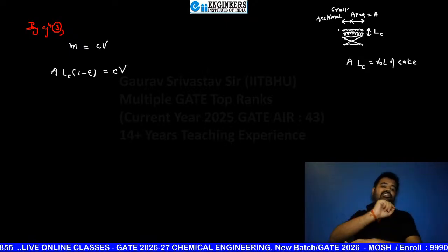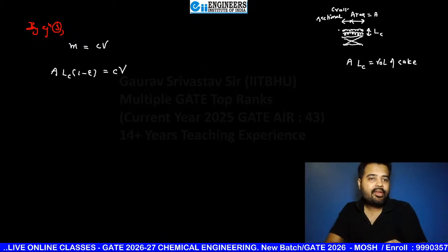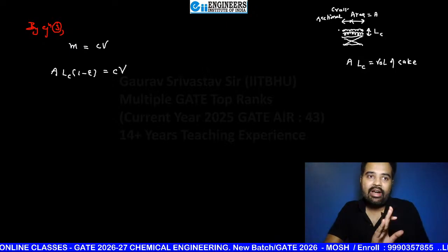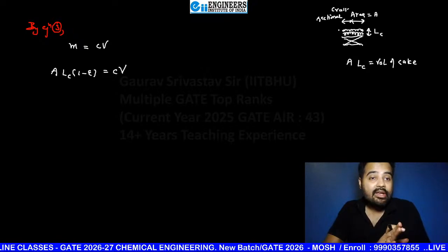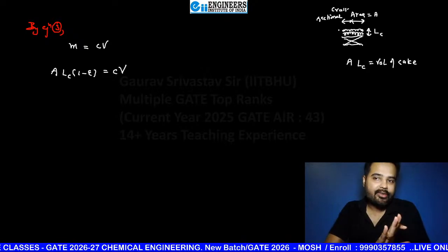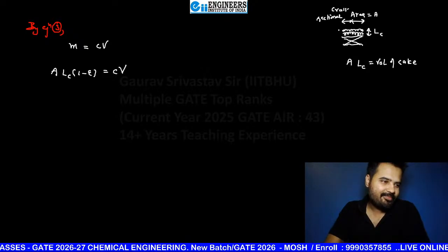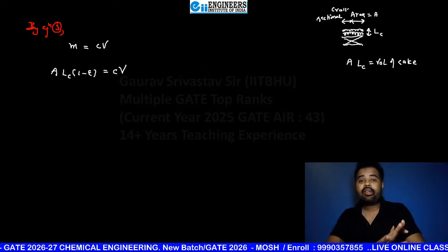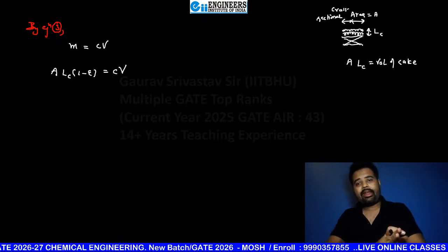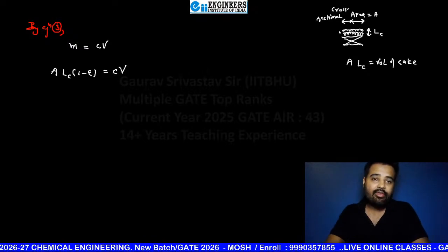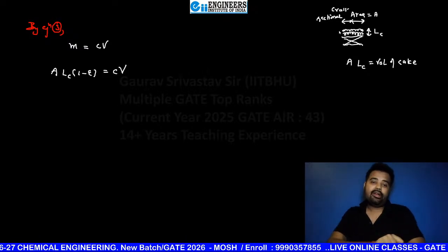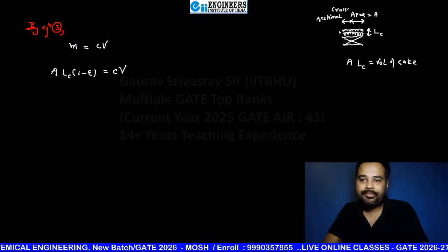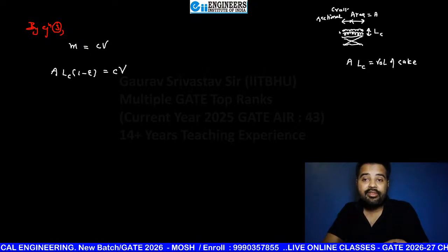You have to write whether the equation is correct or not correct. You have to write A LC 1 minus epsilon is equal to CV. Can we write this in place of Ym is equal to CV? If unable to understand whether correct or not correct, then write R in the comment section. If you're feeling correct, then write correct. Otherwise, please write wrong.